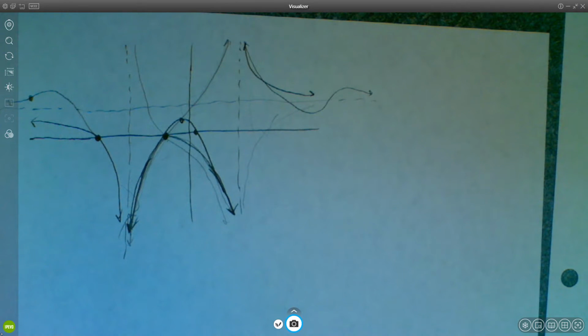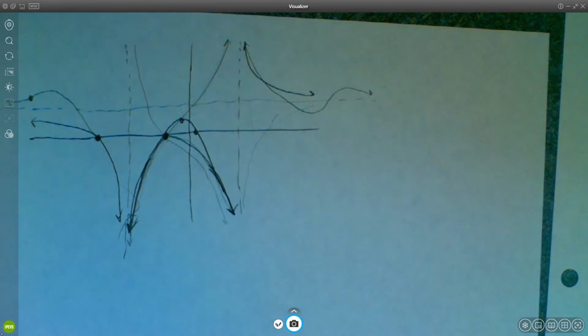Second derivative test, I guess, would also be to find relative extrema, but what I mean is we'll look at the first derivative to find relative extrema. We'll look at the second derivative to find critical points, if there are any, and see if those critical points are then inflection points.